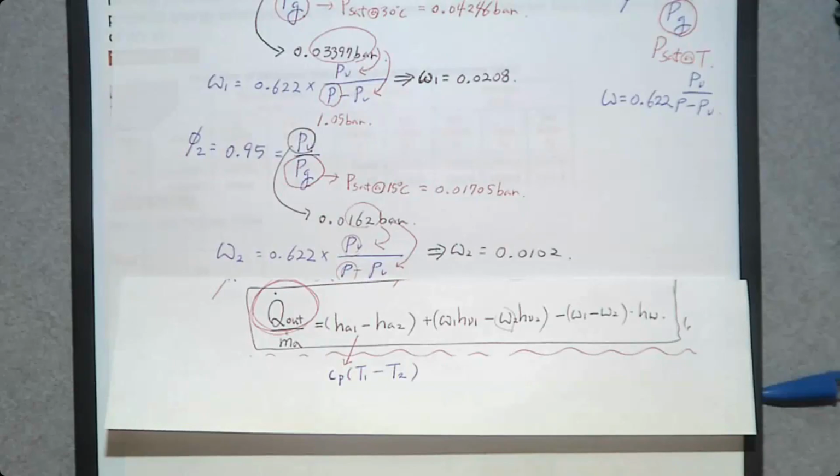When we talk about pressure, if it is 100 kilopascal, the total pressure, P, is 100 kilopascal.